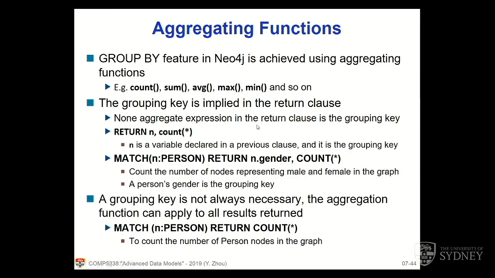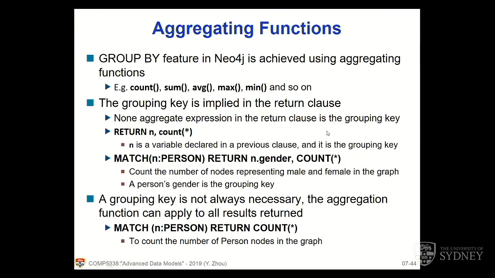Usually, it's not specified explicitly, it's implied. It's not like in MongoDB or in an RDBMS, where the group by attribute is clearly indicated. So here it is more or less implied.